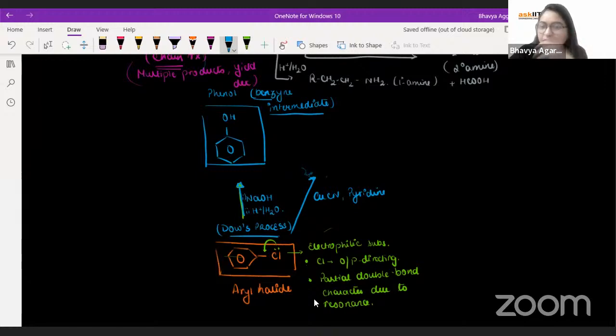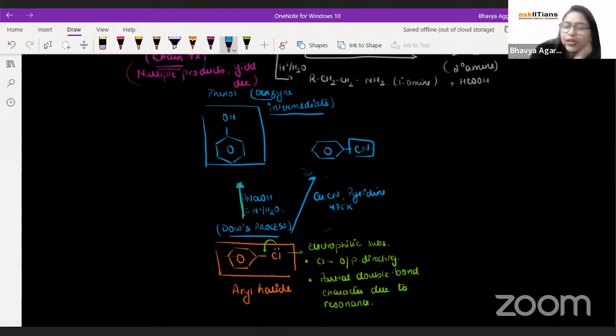Pyridine is also present. The temperature is quite high. In that case, you will again get a nucleophilic substitution reaction. Isocyanide is not what you get; isocyanide is a very specific reaction.